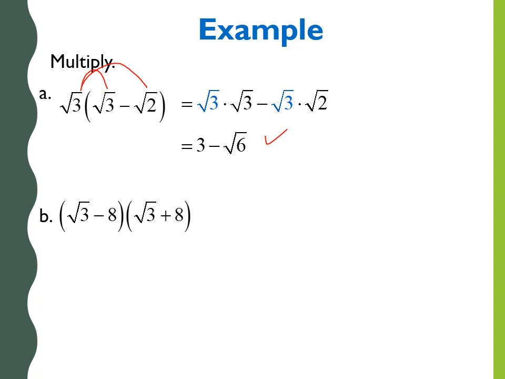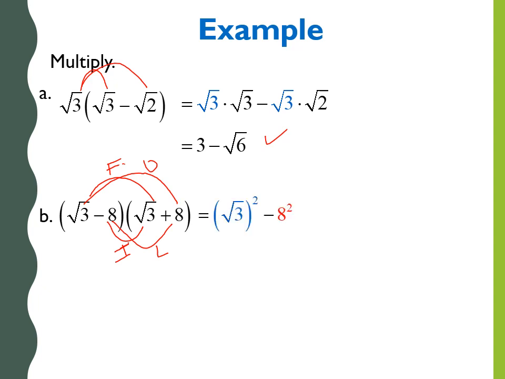So in this case, when we use FOIL, we're going to distribute. So here's your first two terms. That's your F, remember? And we're going to multiply our outside terms, our O, our inside terms, our I, and our last two terms in our binomials are L.